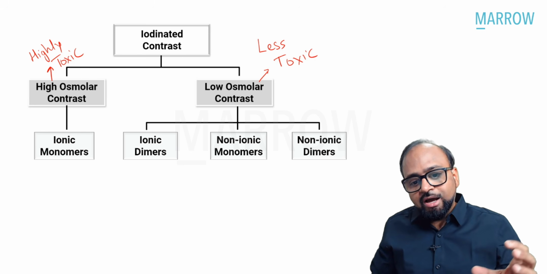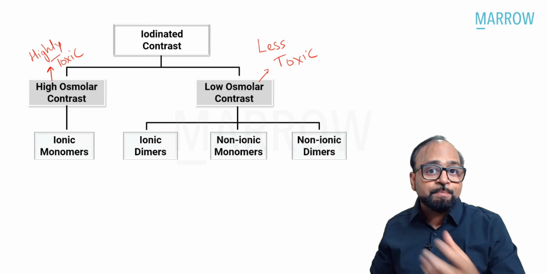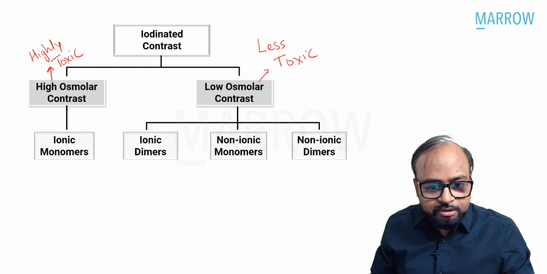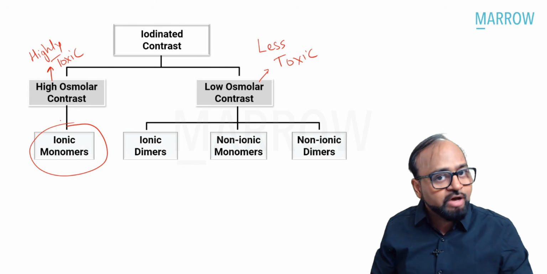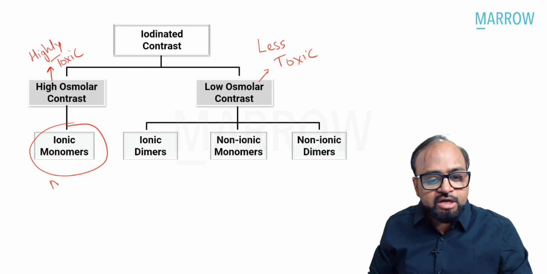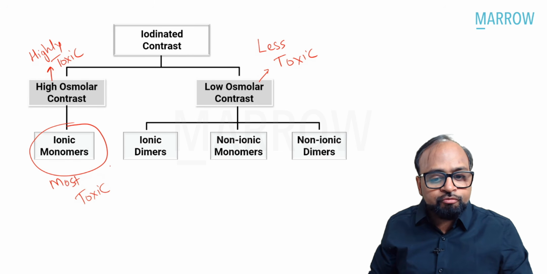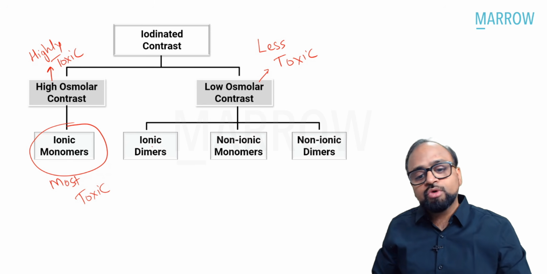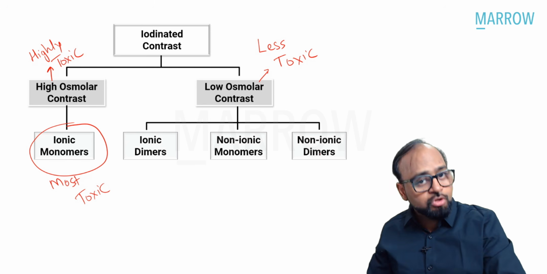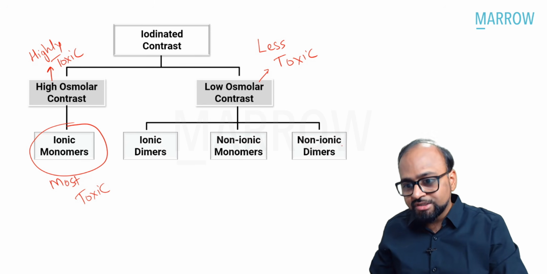Among the individual subtypes, ionic monomers, a subtype of high osmolar contrasts, are the most toxic contrast agents. In this order, as you go to ionic dimers, non-ionic monomers, and non-ionic dimers, the toxicity decreases.